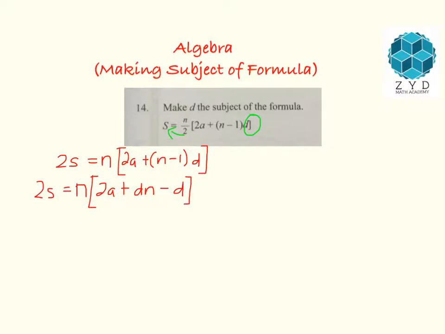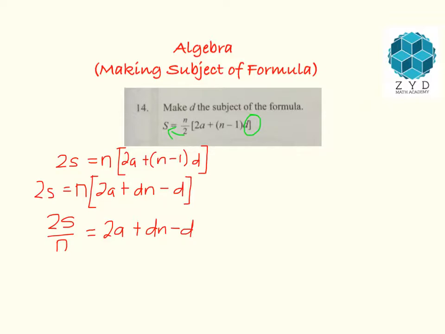Okay, and now what I am going to do is bring down the n to the left hand side. 2s over n equals to 2a plus dn minus d. Okay, so now I have no more brackets, but I have one fraction on the left hand side, which is not going to affect my d.